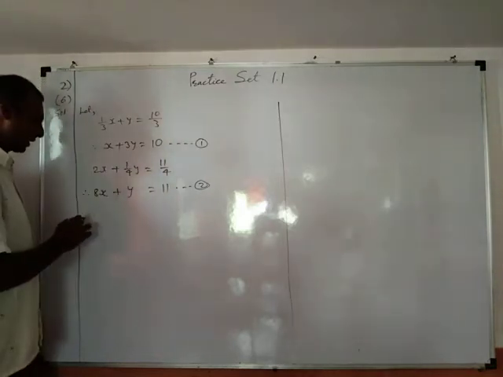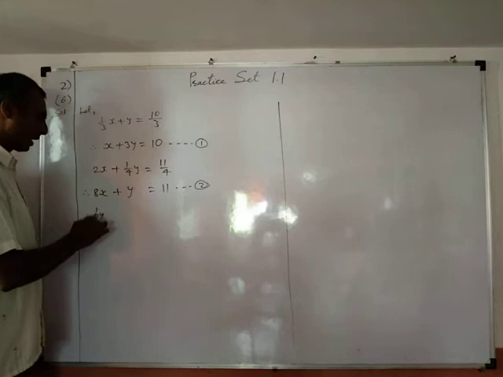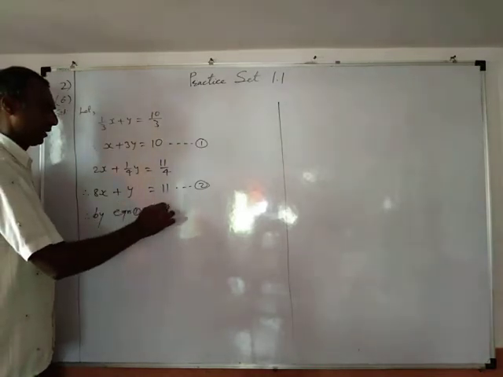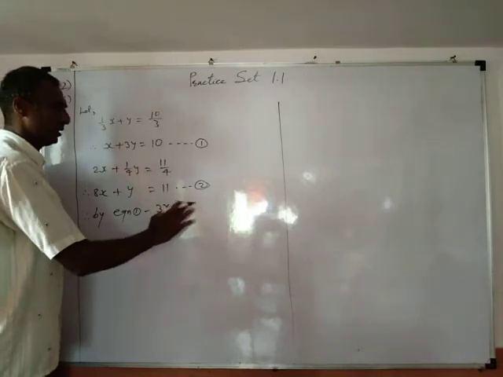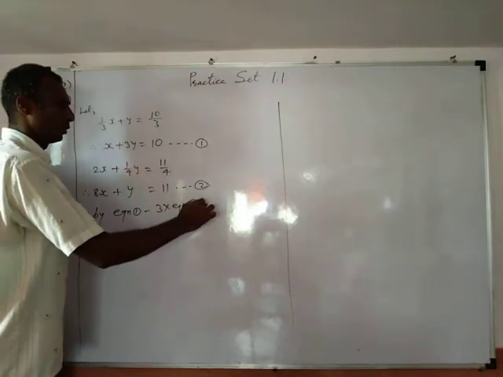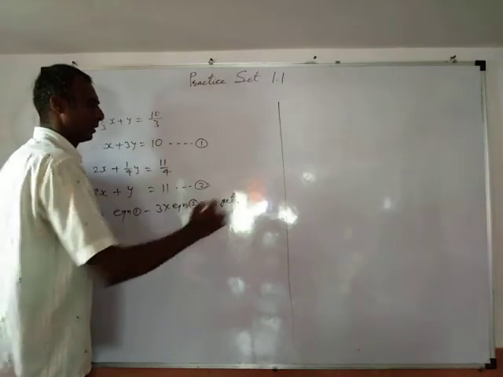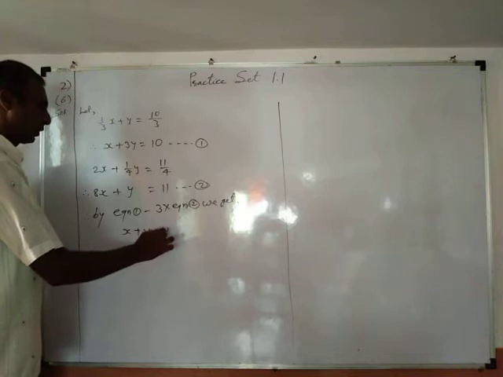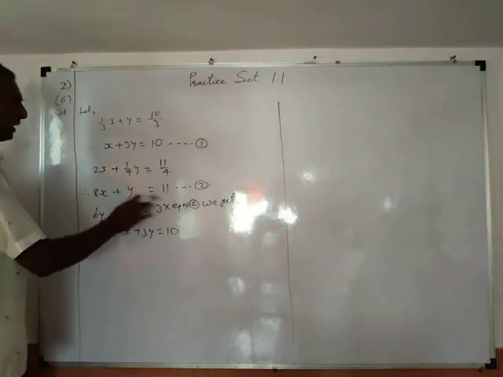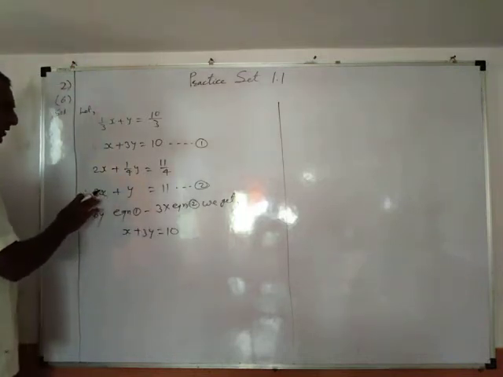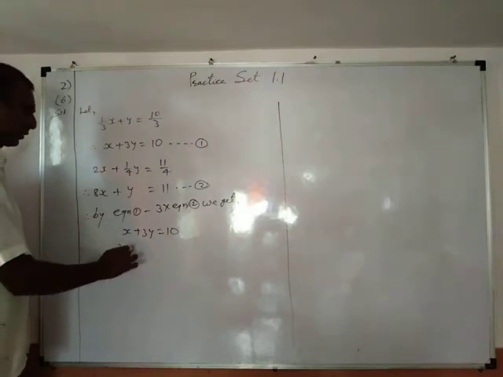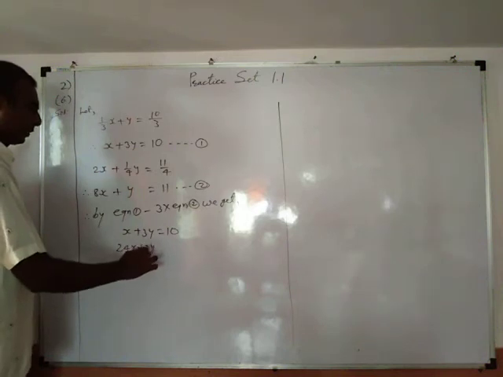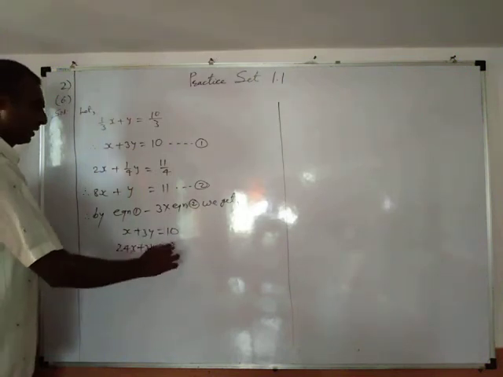Let's multiply equation second by 3 and subtract it from equation 1. Therefore, by equation 1 minus 3 into equation 2, let us see what we get. Equation 1 is x plus 3y equal to 10. We decided to multiply equation 2 by 3: 3 into 8x, 8 3s are 24x; 3 into y is 3y; and 3 into 11 is 33.